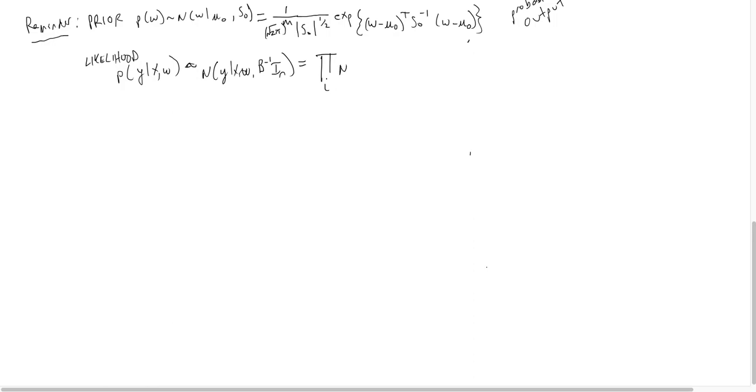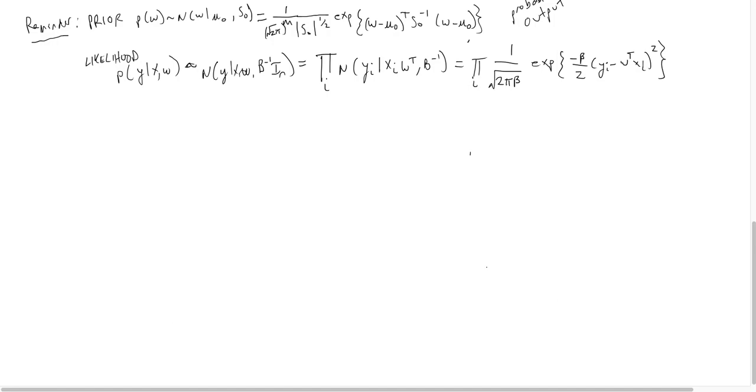And now let's write out what exactly that is. Well, here we'll use the normal PDF, one-dimensional again. Exponential of negative beta over 2, and then y minus, so yi, apologies, w transpose xi, whole thing squared.